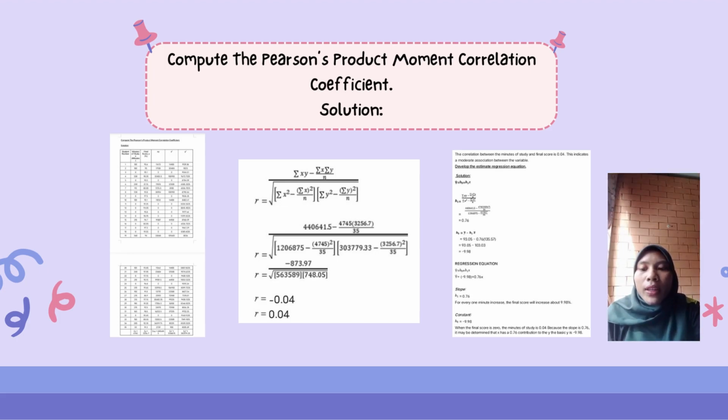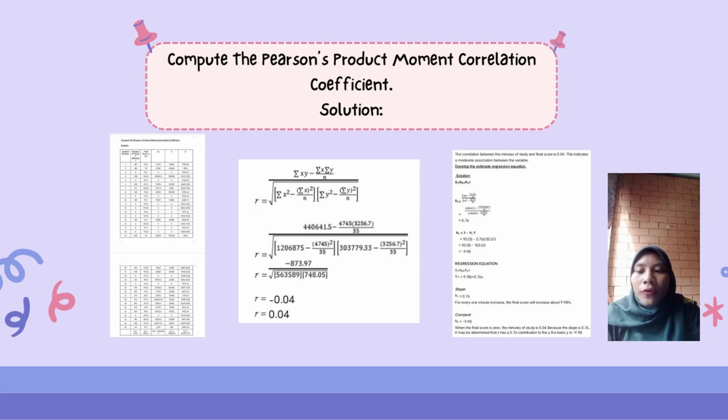So for my part is number 4 and number 5. The total of Y we get 3,256.7. X we get 4,745. XY, 44,641.5. Y squared, 1,02,675.